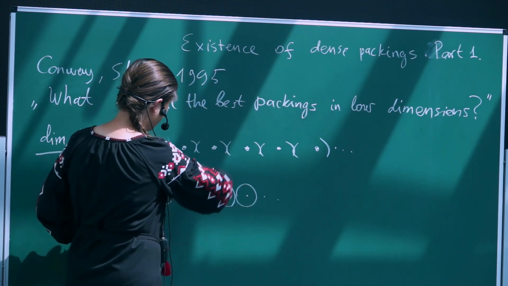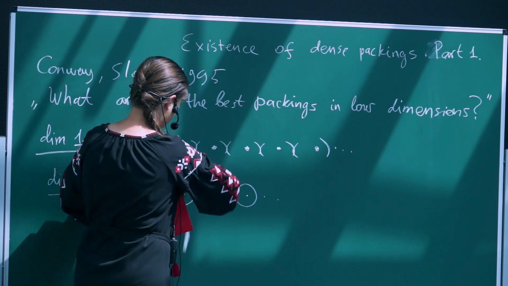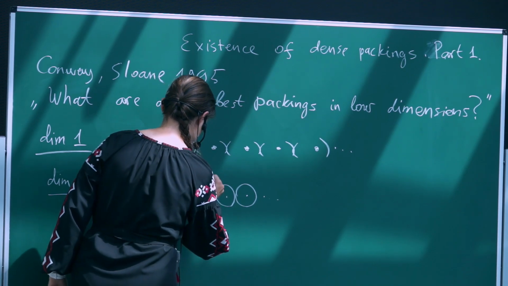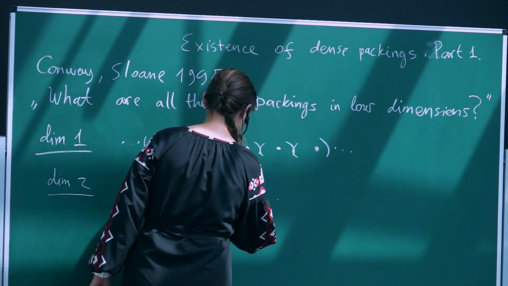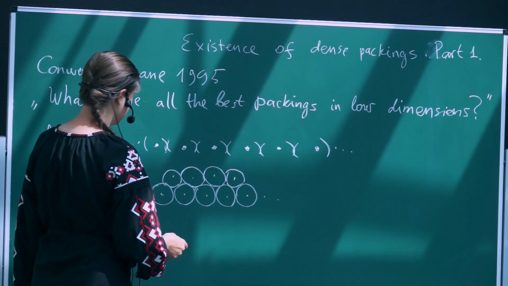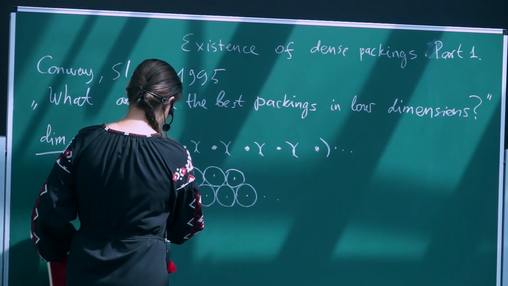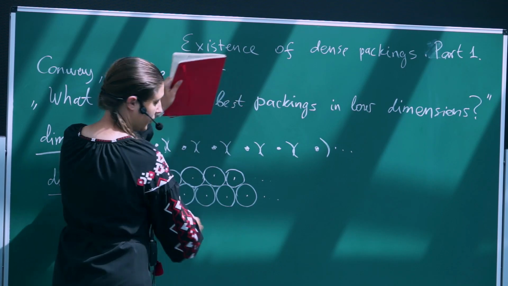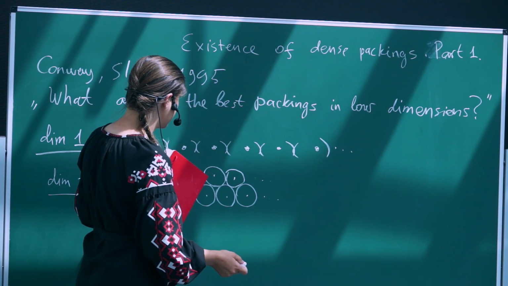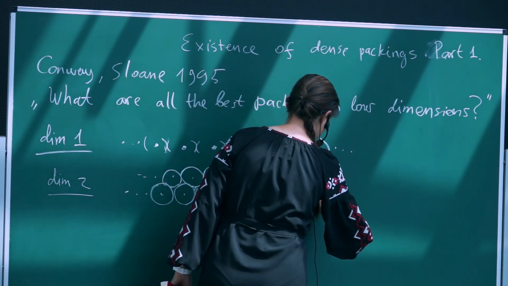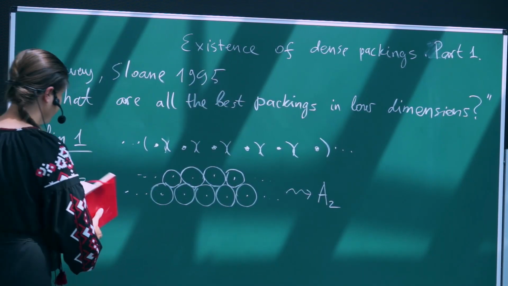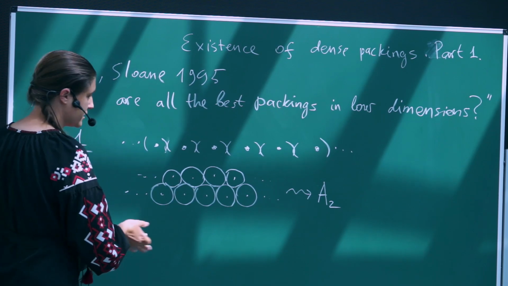Now we put another line like this on top of it. If we want to do it in the densest possible way, then the new balls should be located like this. We continue the same procedure over and over again, and we get a configuration which we have already seen yesterday: the regular triangular lattice, or the A2 lattice. So this idea works in dimension 2.